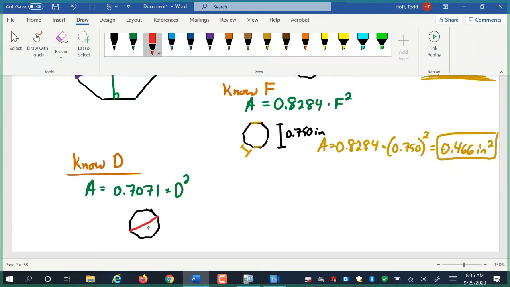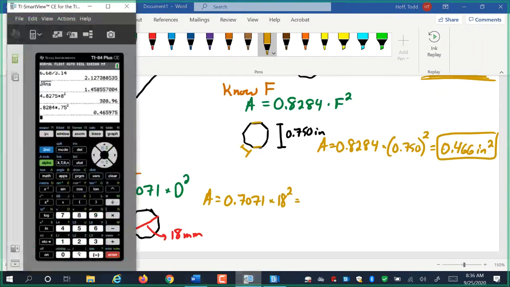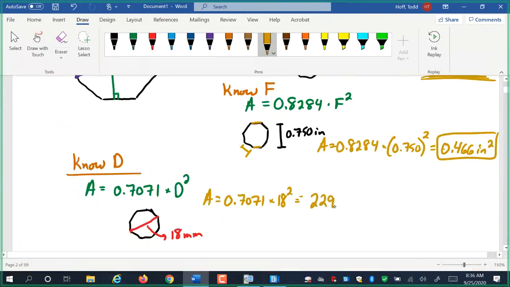Let's say that we know that is, well, let's go with 18 millimeters. So then the area of this piece is 0.7071 times 18 squared. That gives us 229.10. Of course, that'll be millimeters squared.